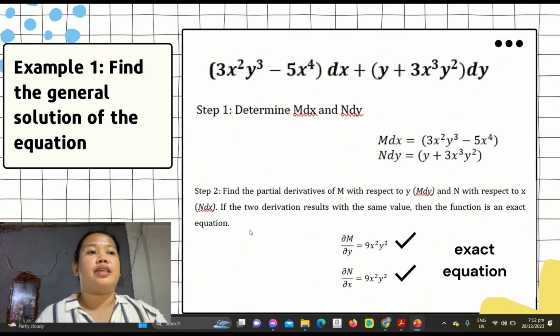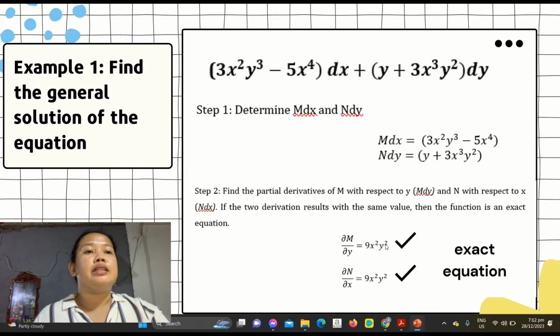First is the partial derivative of m with respect to y. If we derive that, we will have the answer 9x squared y squared. Next is the partial derivative of n with respect to x. We have our answer here, which is 9x squared y squared.